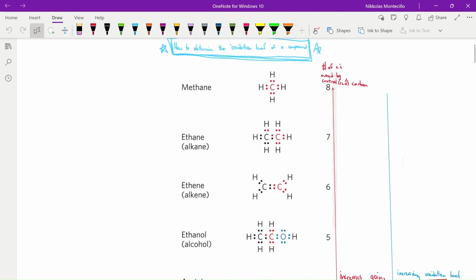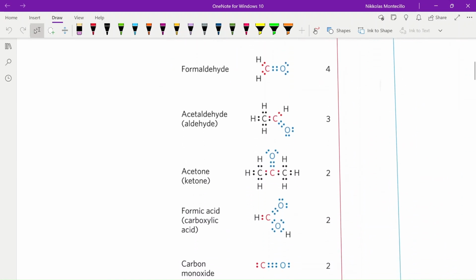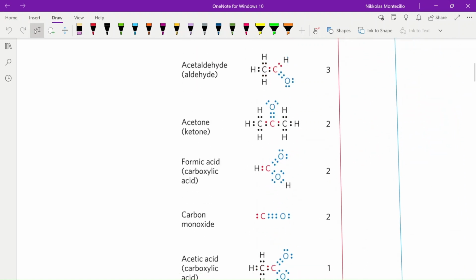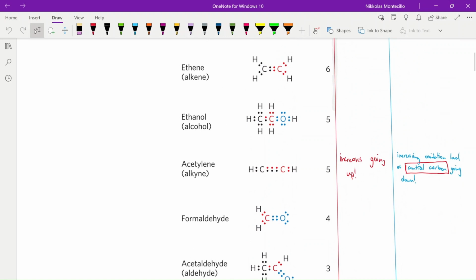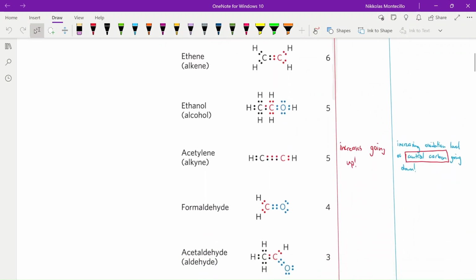So we can see here that the number of electrons owned by the central red carbon increases as we go up this list of molecules, whereas the oxidation level of the central atom increases going down.